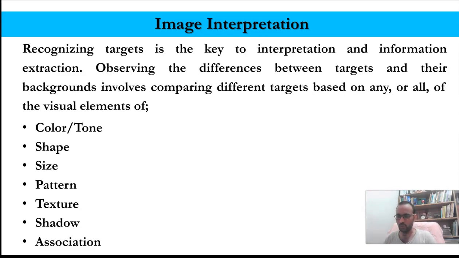Suppose you have a road on the satellite image, and then you have vegetation along the road. Sometimes we get confused about what this line along the road is representing. We can easily understand it by the road. Only vegetation cover can be there along the road. This is the association.